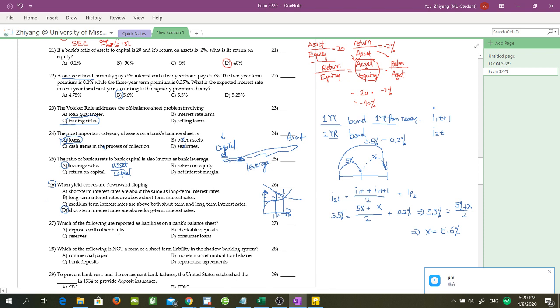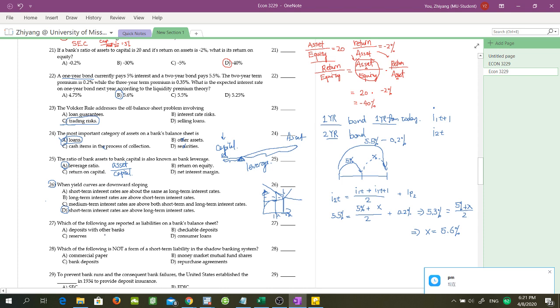Question 27. Which of the following are reported as liabilities on a bank's balance sheet? Deposits with other banks, that is not it.